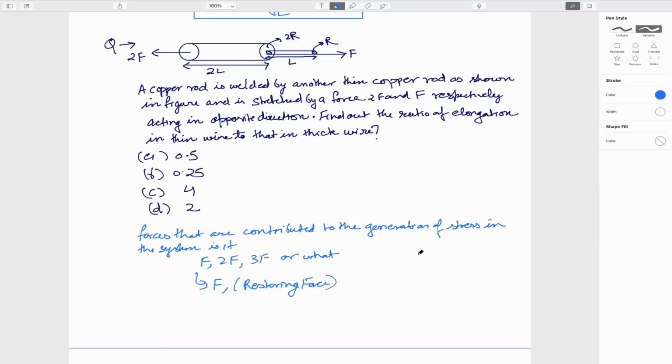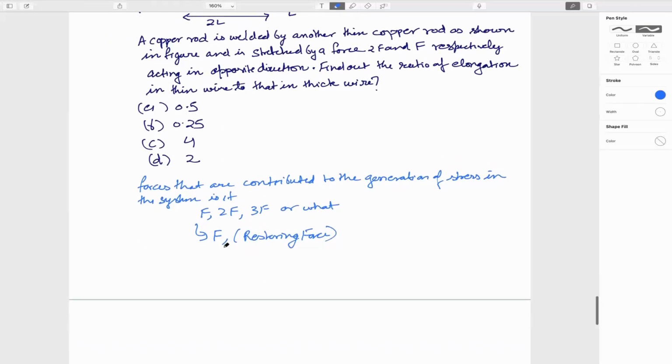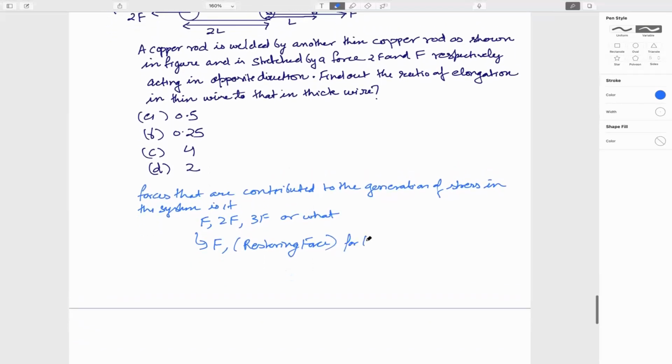Say if you have 16F and 10F applied in this direction, the net force creating stress is 10F only. That extra 6F is going to move this rod in the direction of the force. So the restoring force is F for both the thick as well as thin wire.